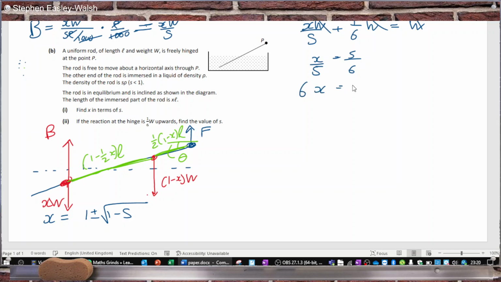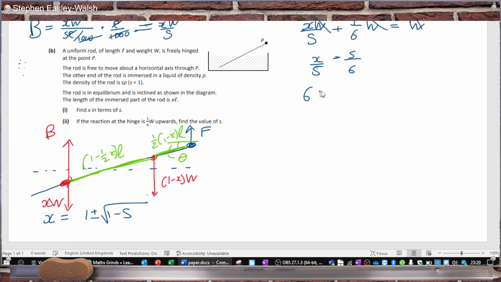Hang on, I'm mixing up my 5's and S's, let's be very careful. Disaster is about to happen. That's x over S equals 5 over 6.